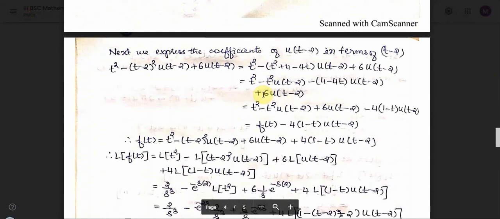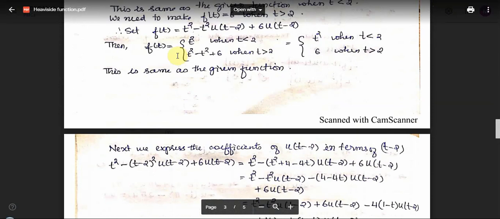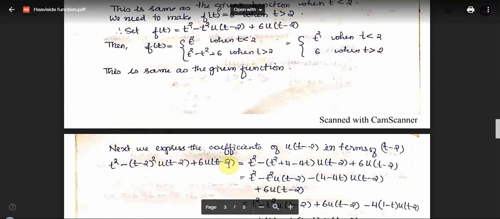So now we shall express the coefficients of u of t minus 2 in terms of t minus 2. So what was my function? My function is here t square. I can keep it as it is. This t square I should make it as t minus 2 whole square into u of t minus 2, plus 6 into u of t minus 2. We will simplify this here. A minus b whole square, the formula is being put over here. Multiply all the brackets. This is going to be the function that I am getting.